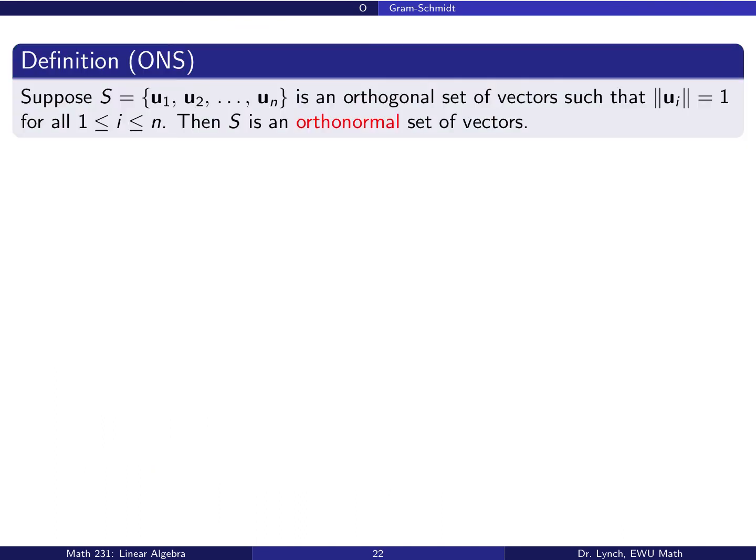Okay, the last thing to talk about is an orthonormal set. An orthonormal set is a set that's already orthogonal, such that each vector has norm 1. So we can always cook up an orthonormal set from an orthogonal set.